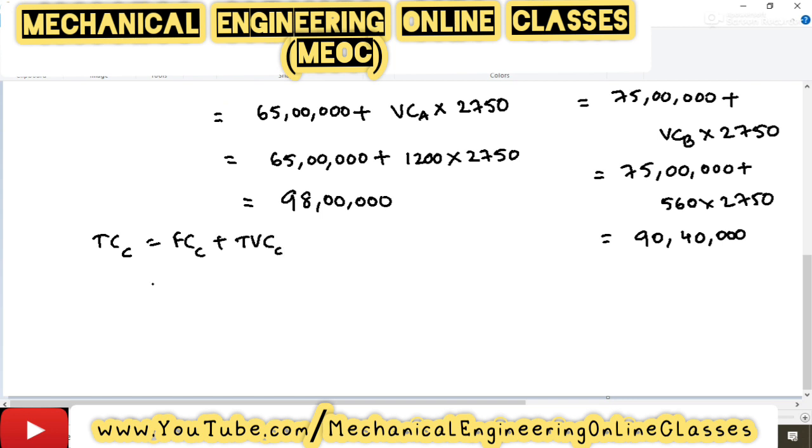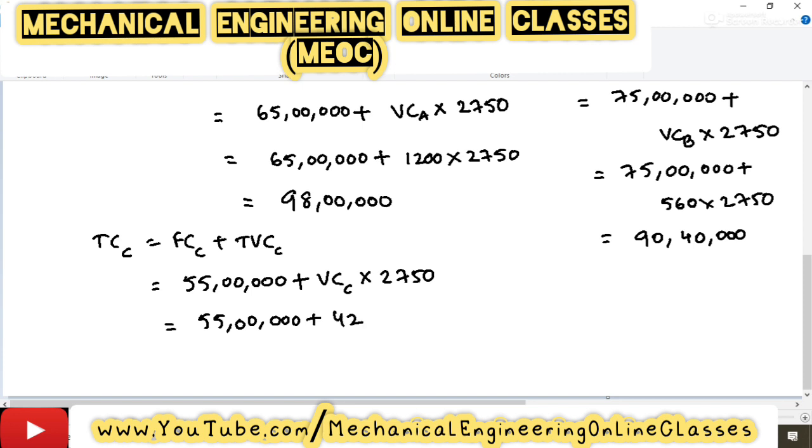Similarly, we will calculate the total cost for site C. In the same method, fixed cost for site C is 55 lakhs plus the variable cost for site C into total number of units that are manufactured. So it is 55 lakhs plus 4250 into 2750.